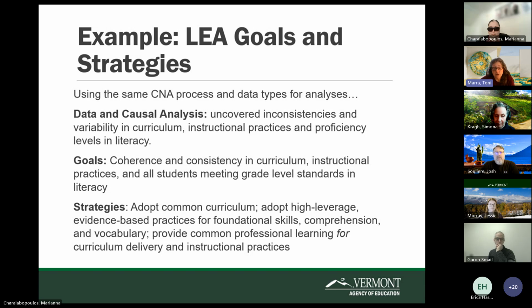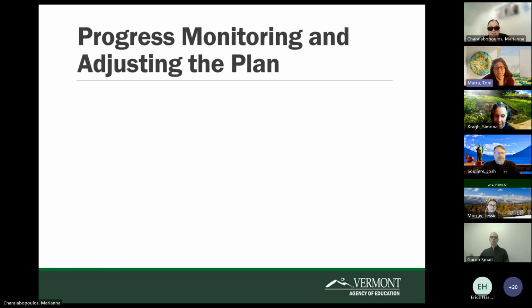Therefore, you might want to set goals to create coherence and consistency in curriculum, instructional practices, and students meeting grade level standards in literacy. Strategies for achieving these goals may include the adoption of common curriculum and high leverage evidence-based practices for foundational skills, comprehension and vocabulary, as well as the provision of common professional learning for curriculum delivery and instructional practices. Next slide, please.